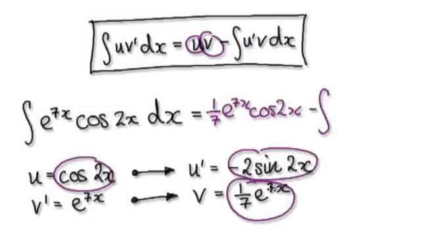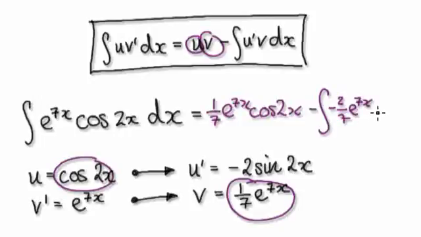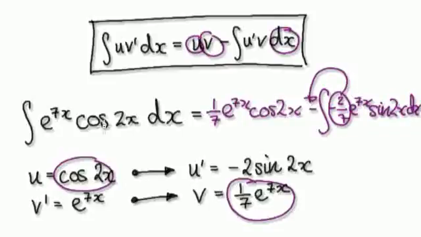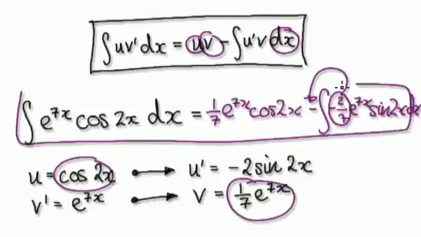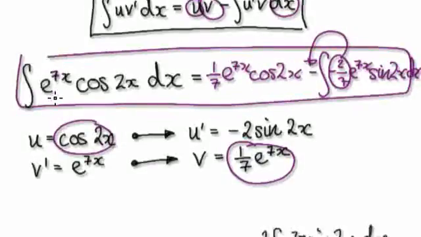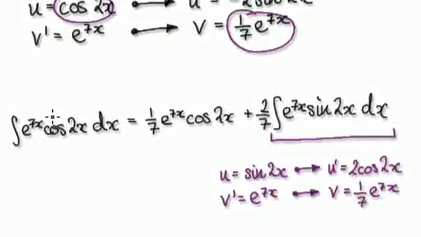So u prime is here, times v, so that will be negative 2 over 7 e to the power 7x sine 2x, and then stick the dx in here. This here is your constant, so take it out. Then this whole thing will become this.